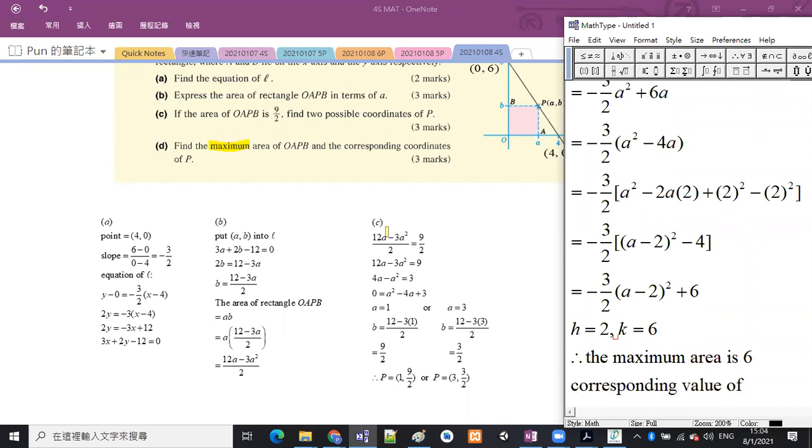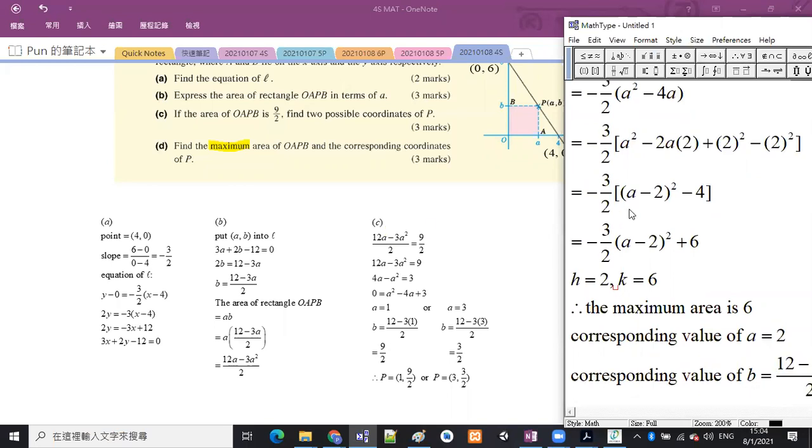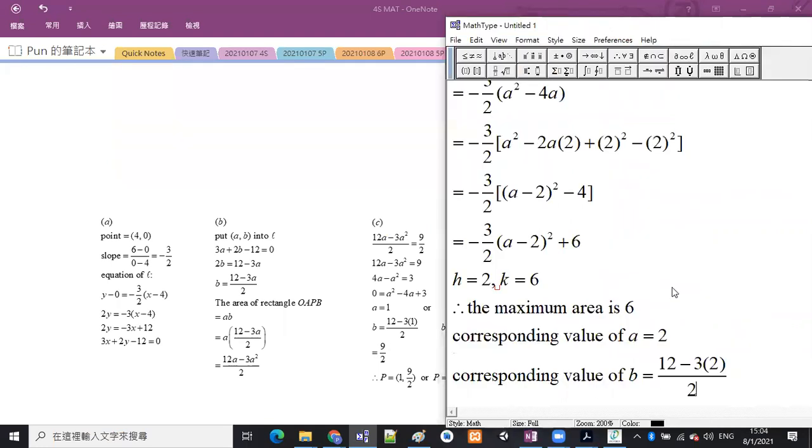Okay, so the corresponding value of A is equal to 2. Okay, the A is equal to 2, but when A is equal to 2, we can calculate the corresponding value of B. B is calculated by 12 minus 3A divided by 2. Okay, and that should be equal to 3.